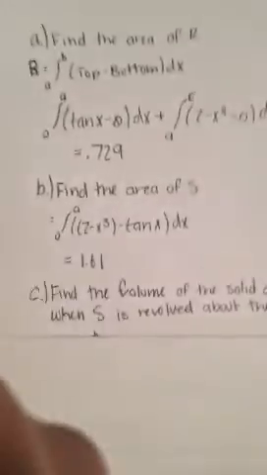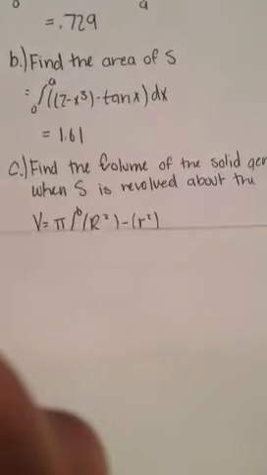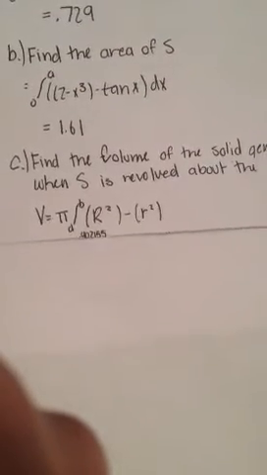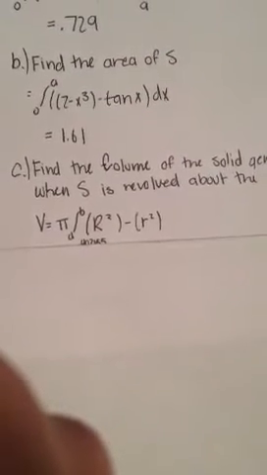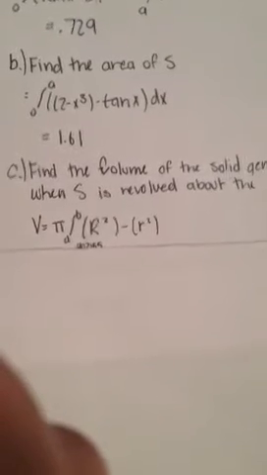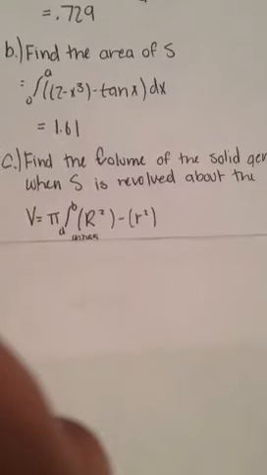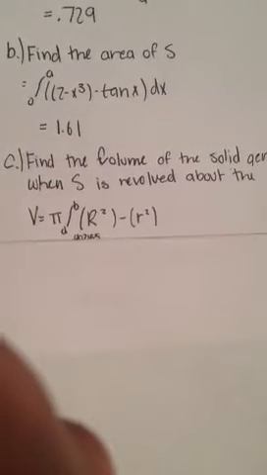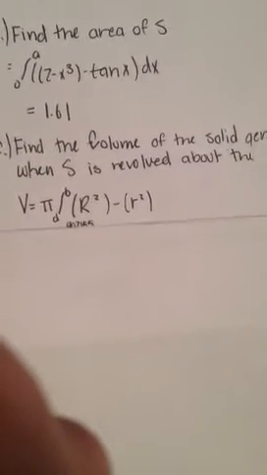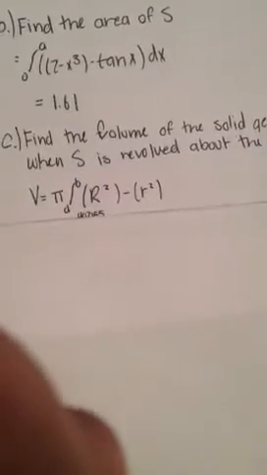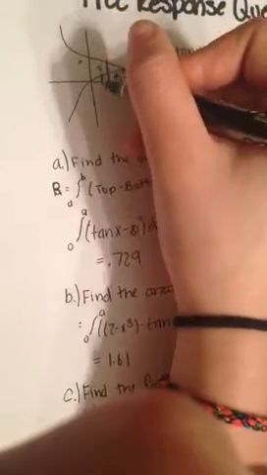So the general equation you want to use for that is V equals pi, integral from a to b, of big R squared minus little r squared. And you want to do that because you want to find the difference of this.